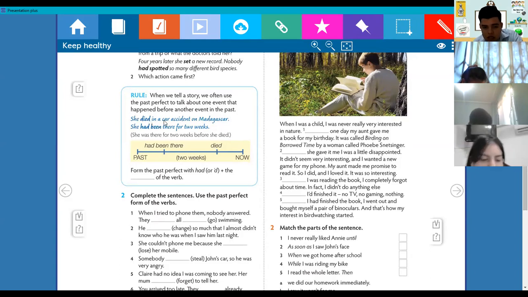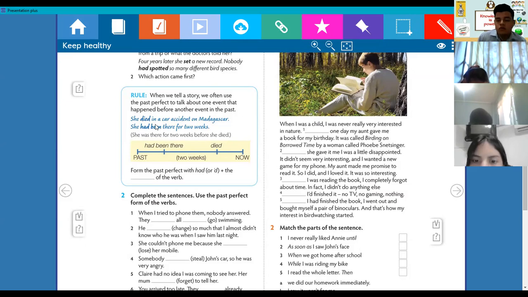She died in a car accident on Madagascar. She had been there for 2 weeks. This part, she died, happened over here. But before she died, she had been there for 2 weeks on Madagascar. So this action, she had been there for 2 weeks, happened before she died.